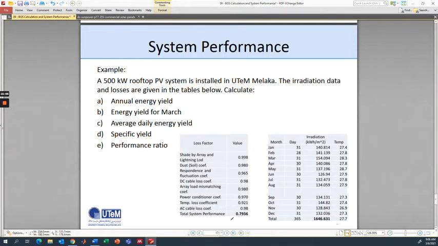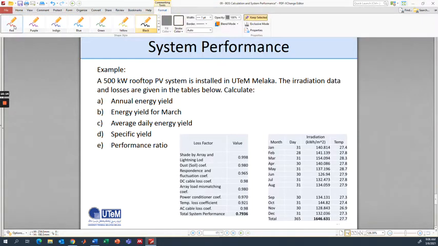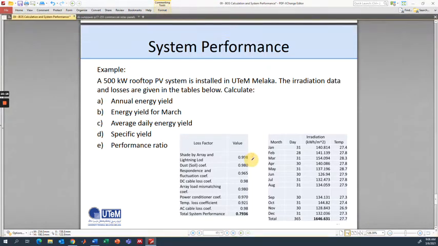To get the total system performance here, 0.7936, we need to multiply everything. So 0.998 multiplied with 0.98 and so on until you get this value 0.7936. So you can verify the calculation afterwards.